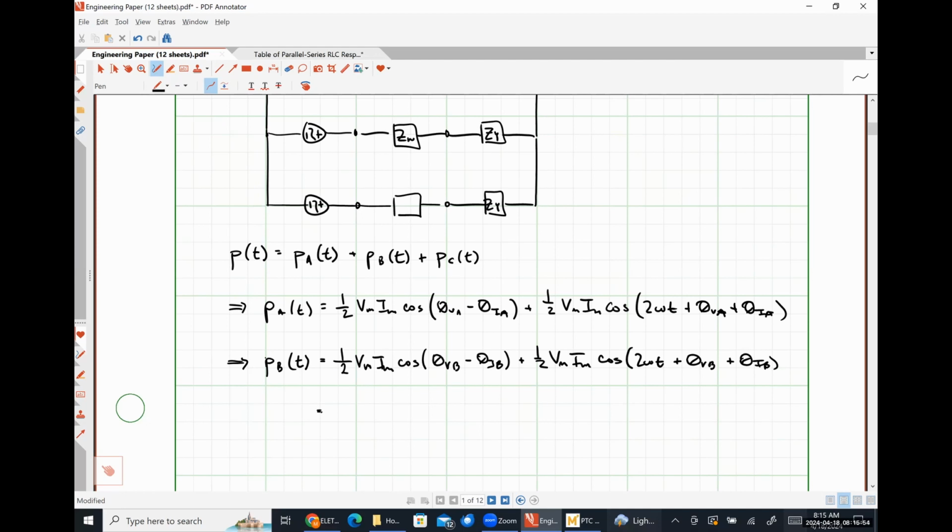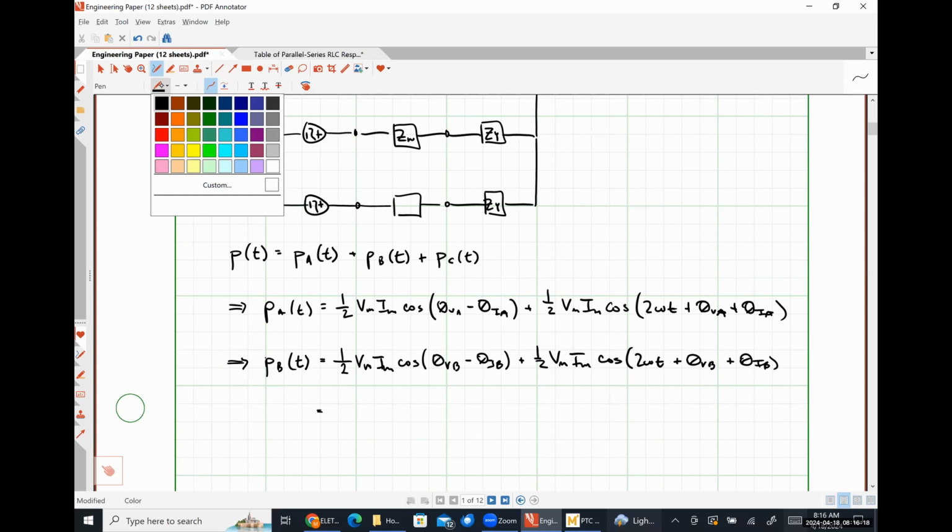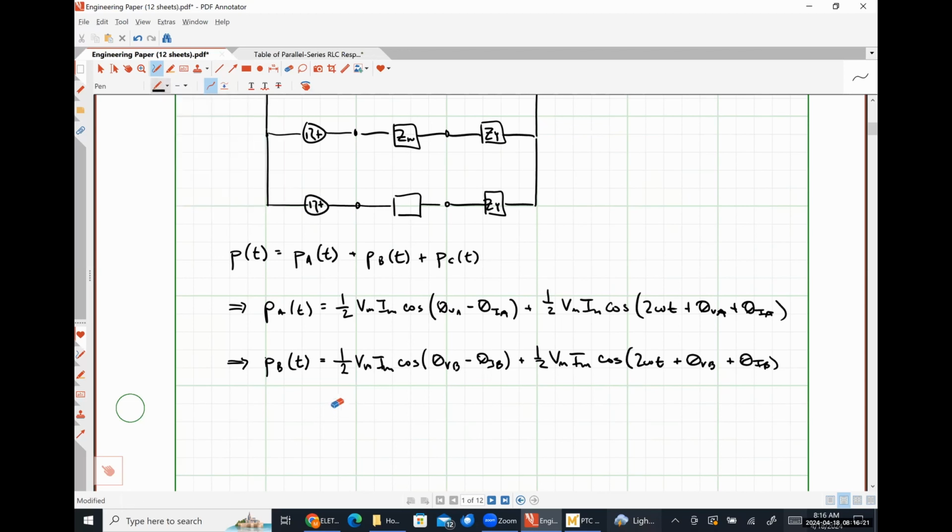So we know that theta VB and theta VA are related to each other. They're the same angle except that theta VB is just 120 degrees in phase behind it. Theta IB is the same angle as theta IA except that it's 120 degrees in phase behind it. So this subtraction here, let me express it like this.